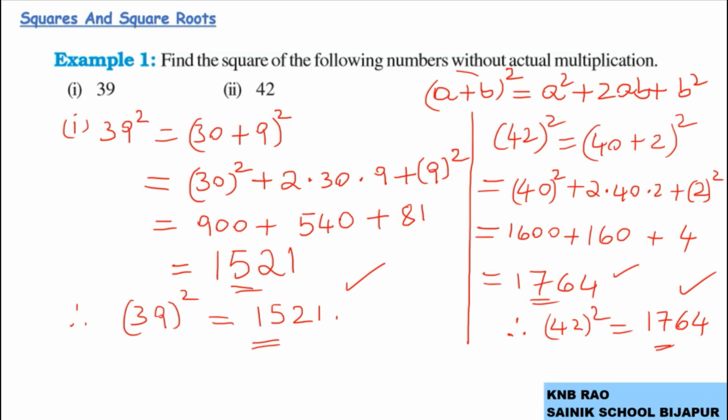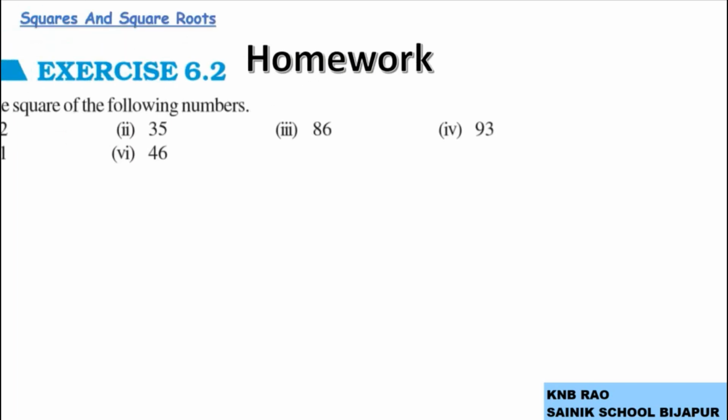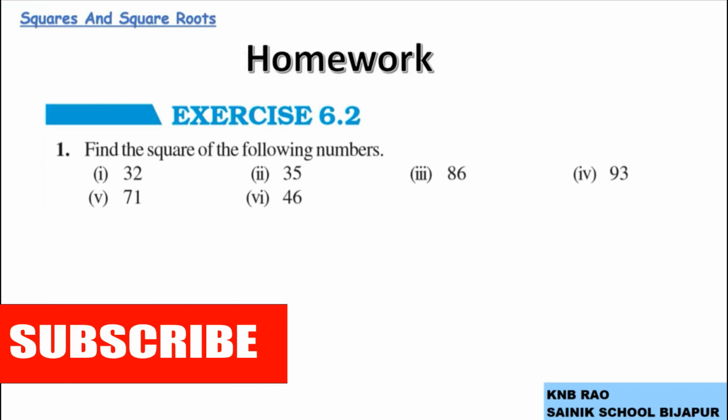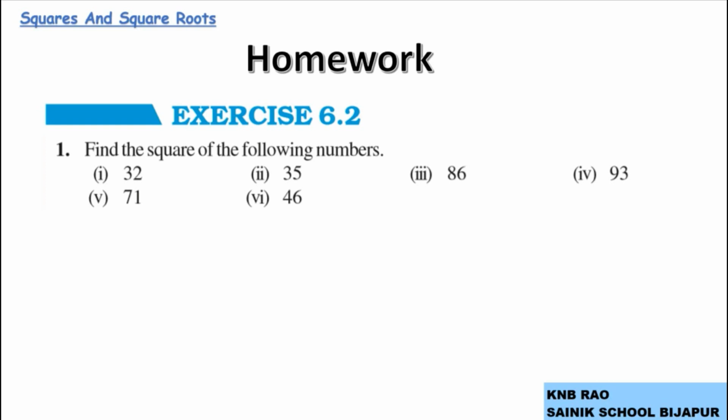Now the time is to note down homework. The homework is exercise 6.2, first question: find the square of the following numbers. Here I have got totally 6 numbers given. Of those 6 numbers, 32 is one number, which I think we have already found. So find the squares of all these 6 numbers.